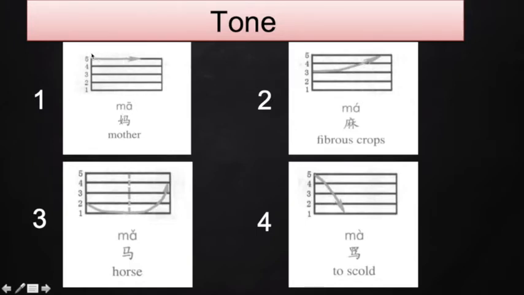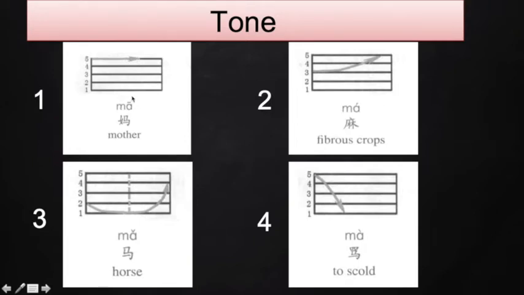Okay, so 5 is as high as your voice can go in your normal speaking, and 1 is as low as your voice can go in your normal speaking. The first tone goes to number 5. You can see it here in the picture. It goes to number 5, which is high and it's like a straight line.